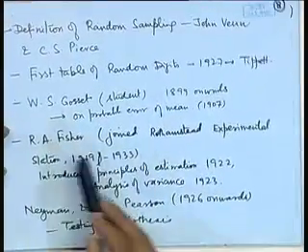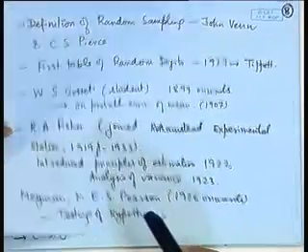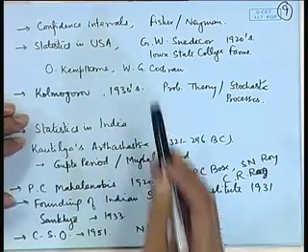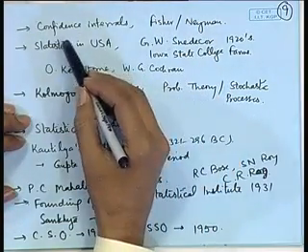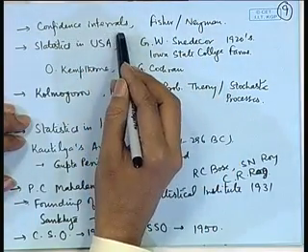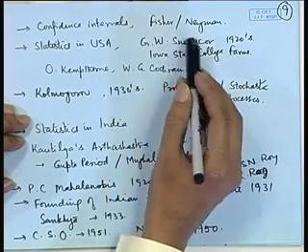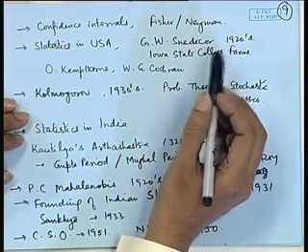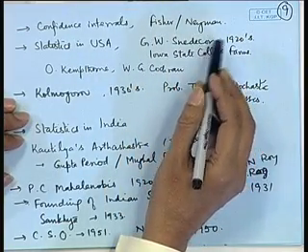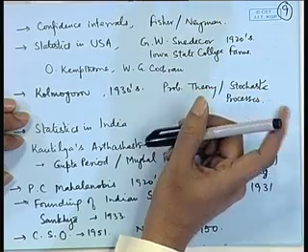Around the same time, R.A. Fisher gave his theory of likelihood ratio tests. Fisher and Neyman are credited with giving confidence intervals. Around the same time, Neyman gave the development of stratified random sampling, etc.